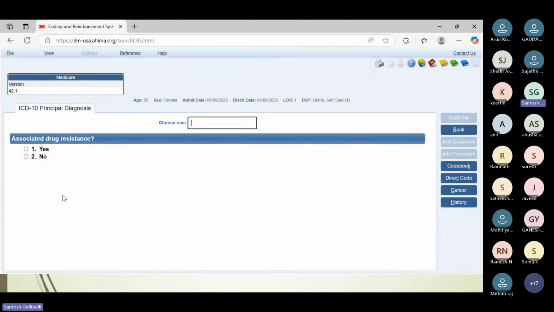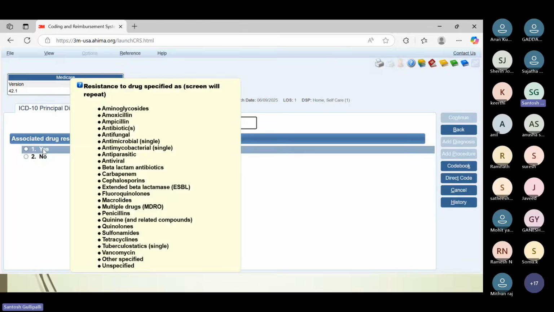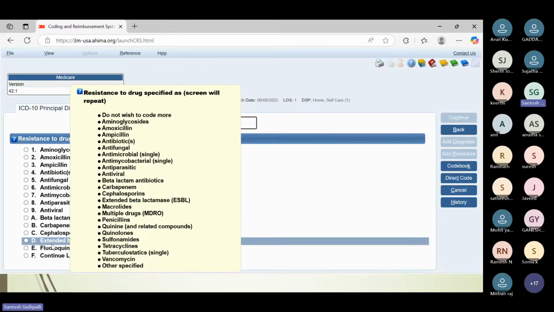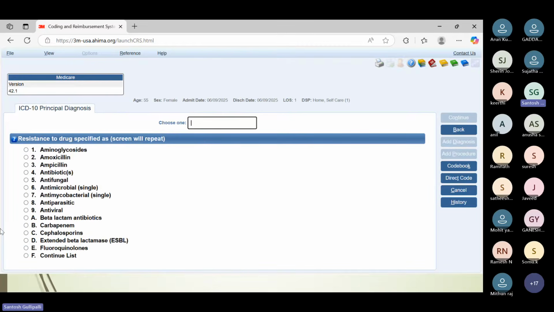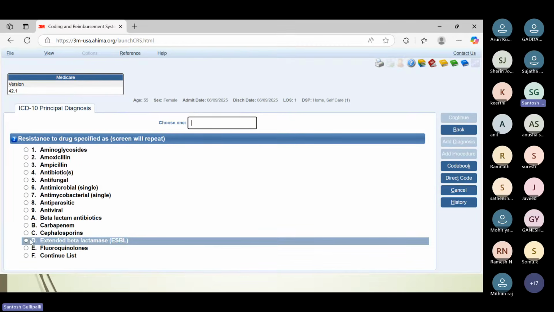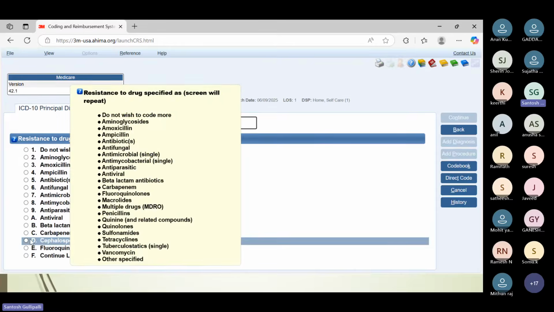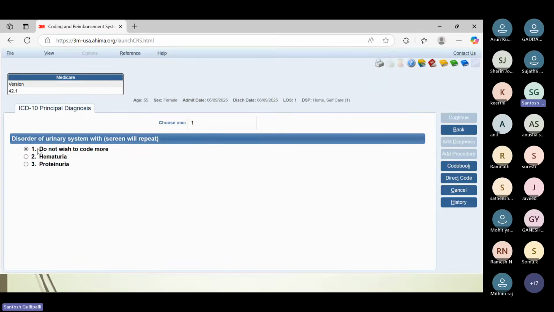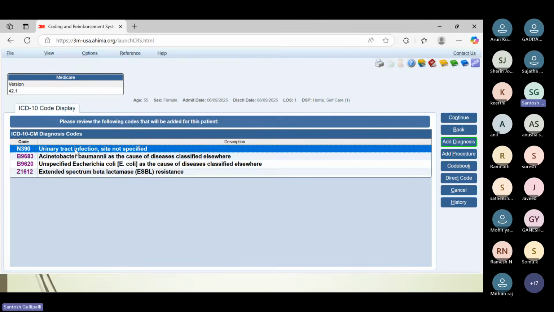They are asking about associated drug resistance. The drug resistance is ESBL, extended beta lactamase, and you can select that option. See how many codes there are; this is the UTI code.